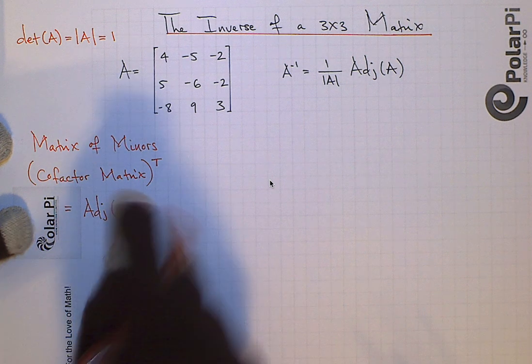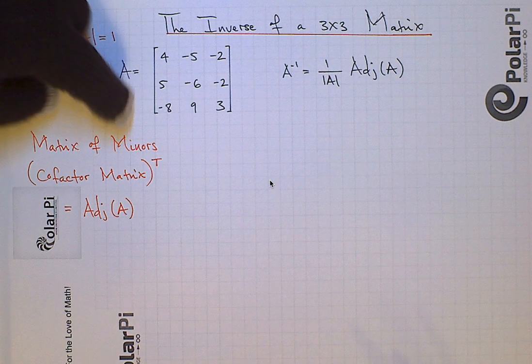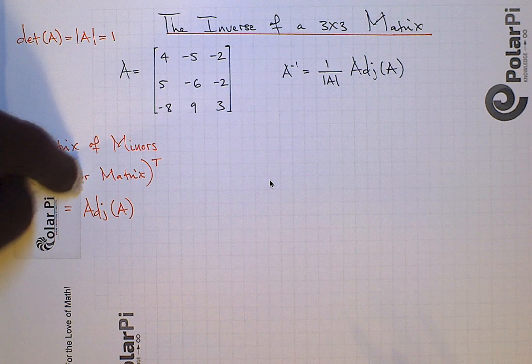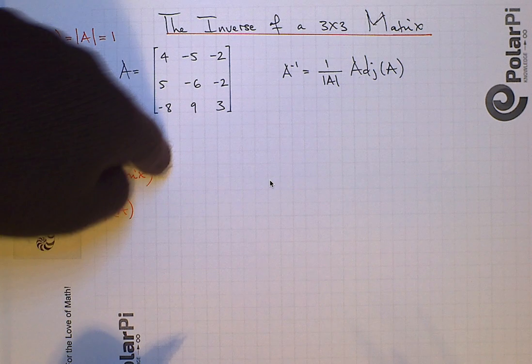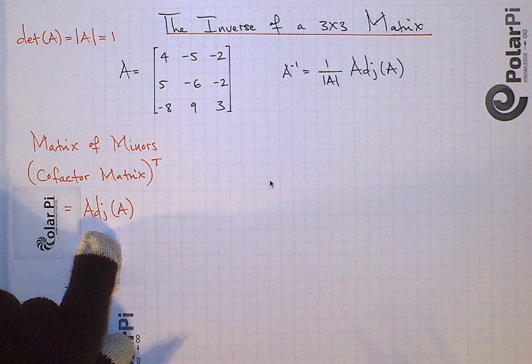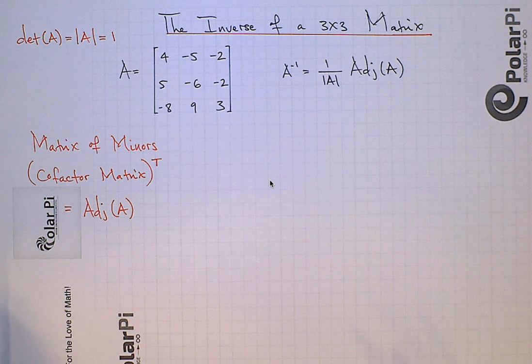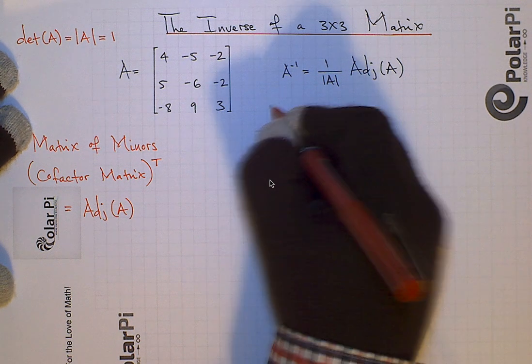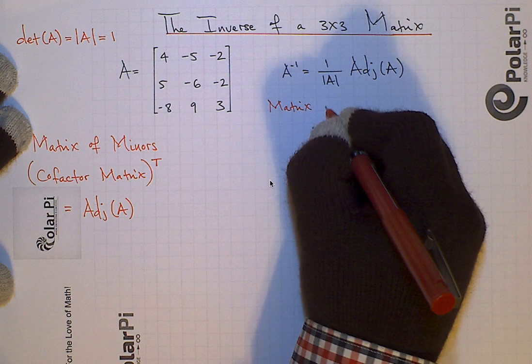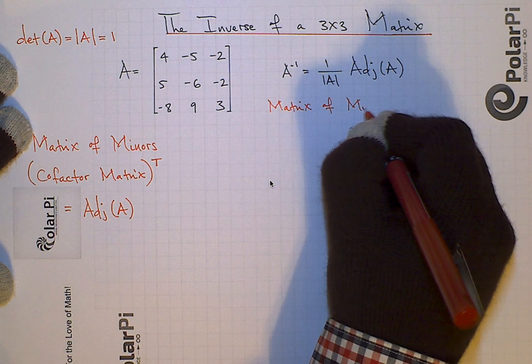So the adjoint of A starts with the matrix of minors, from which we create the cofactor matrix, and then we transpose the cofactor matrix to get the adjoint matrix. Okay, cool. So let's start with the matrix of minors for this particular matrix.